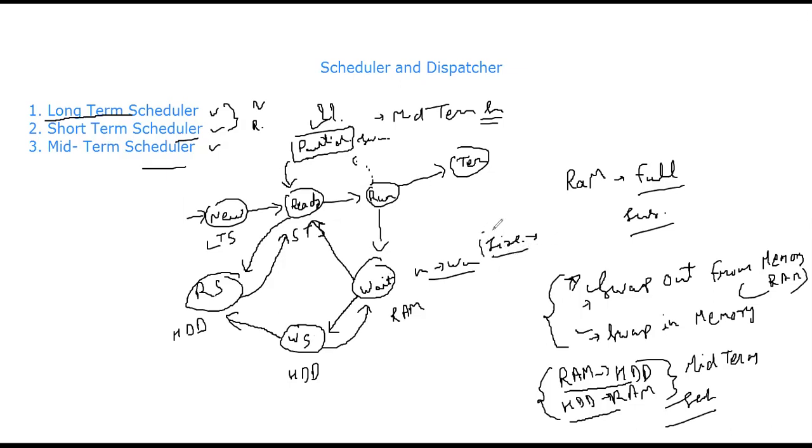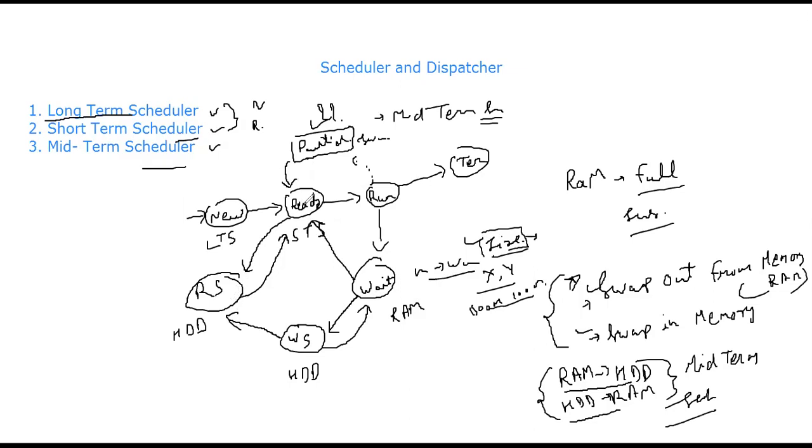On the basis of this criteria, I have selected processes X and Y, because they are, suppose, 100 MB processes, and they should be sent out from memory. That is the primary criteria of the selection. In this way, processes can be sent from wait state to wait suspended. Similarly, the same can be applied for selection from ready to ready suspended.